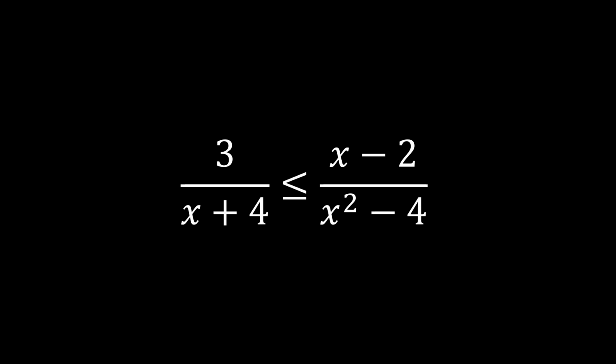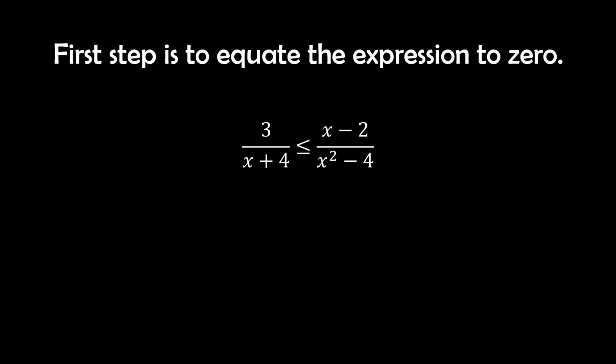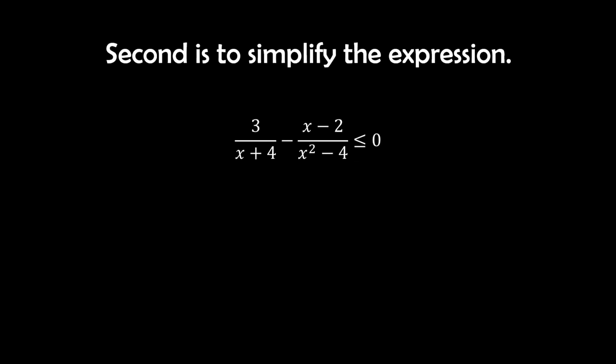Here is another example of a rational inequality, but this time it's a bit more complex. So this is the first step, to equate the expression to 0. Second step is to simplify the expression.